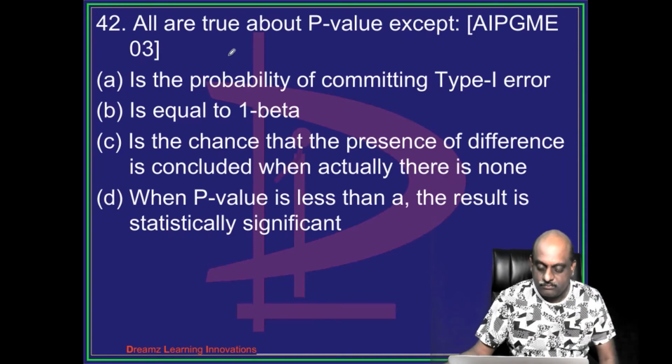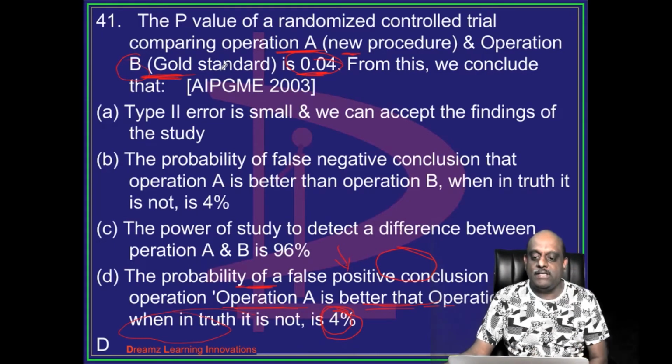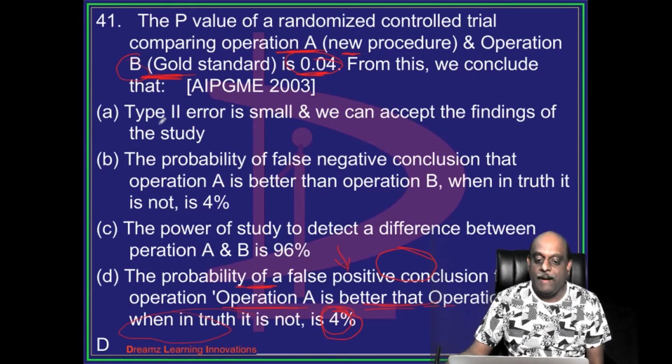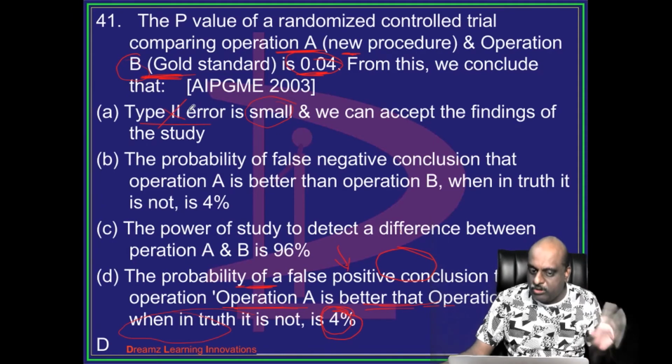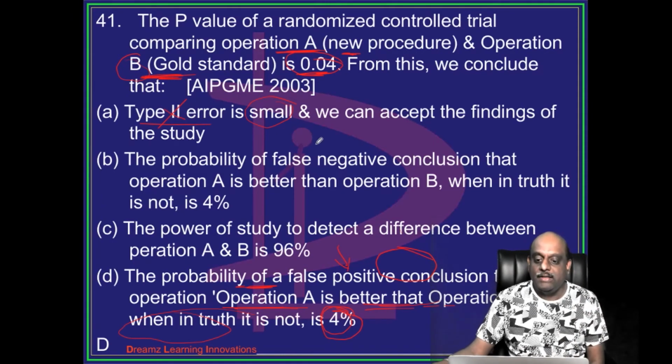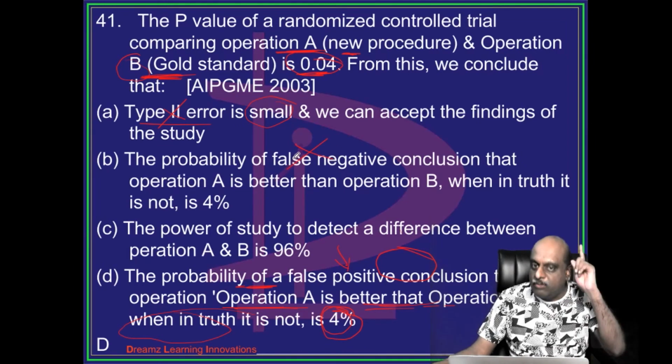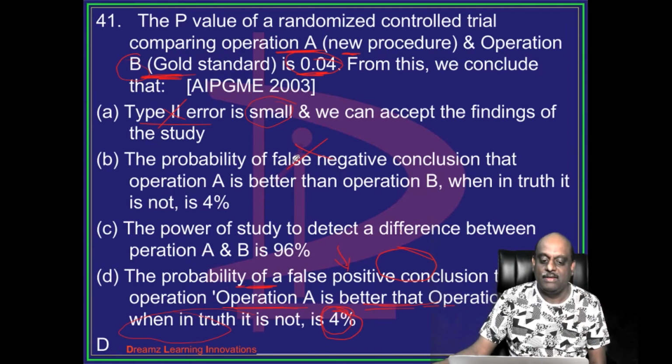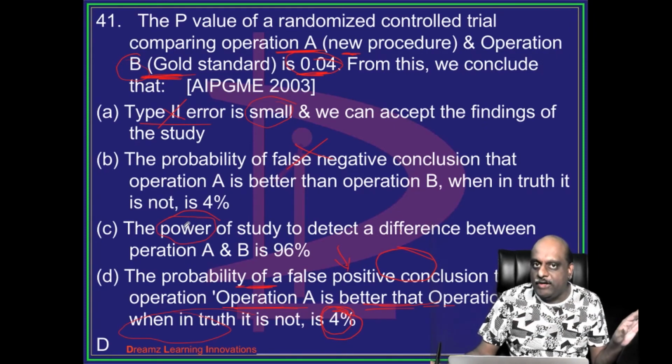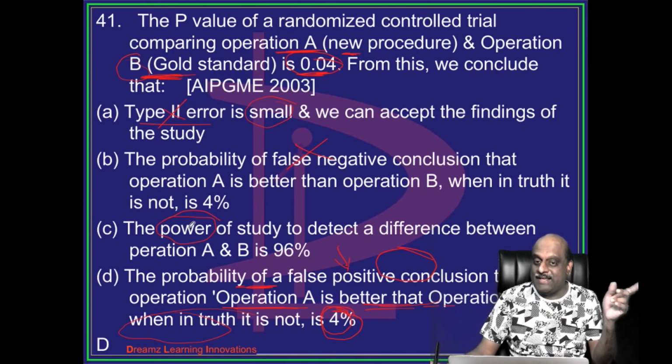Right? Now, that is the reason the other options are wrong. Type 2 error is small. No, it doesn't talk about type 2 error, it talks about type 1 error. It doesn't talk about false negatives, it talks about false positives. And the power of the study is not dependent on it. Yesterday only we discussed what is power.